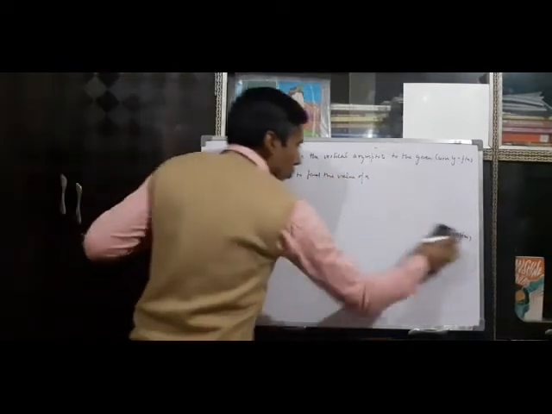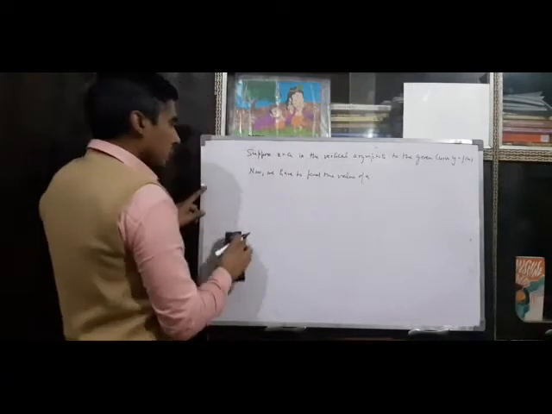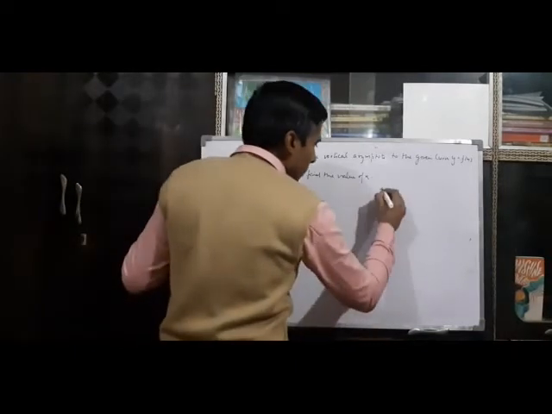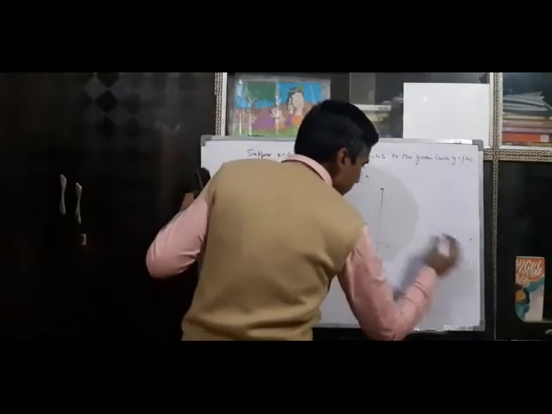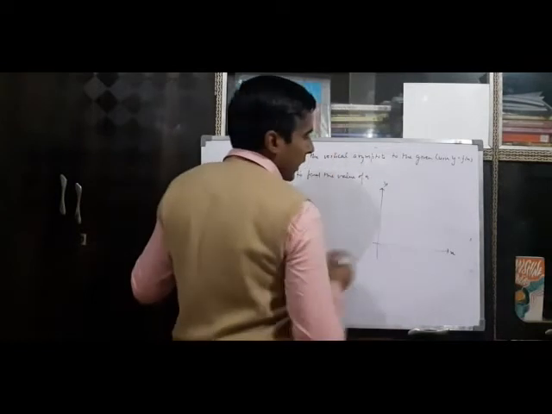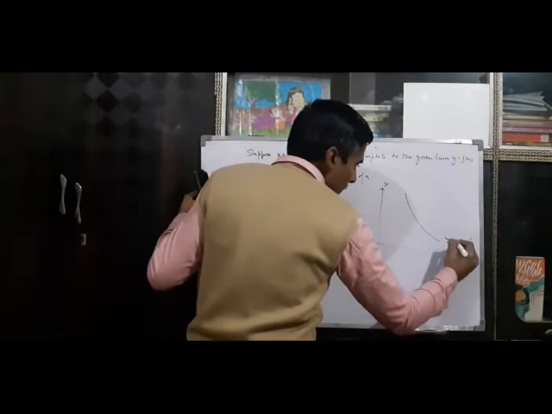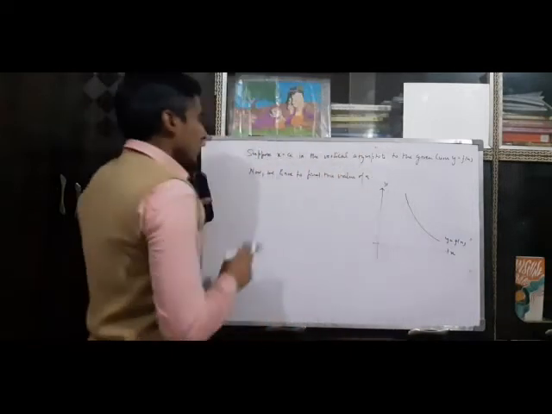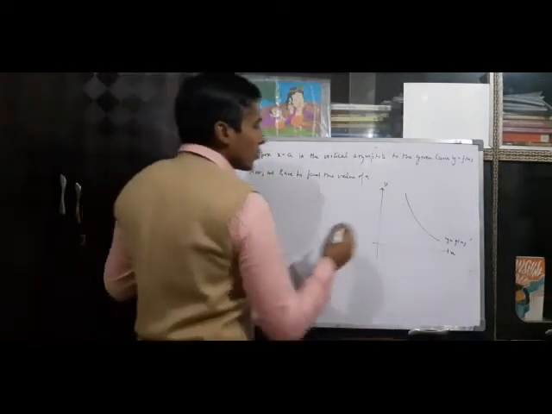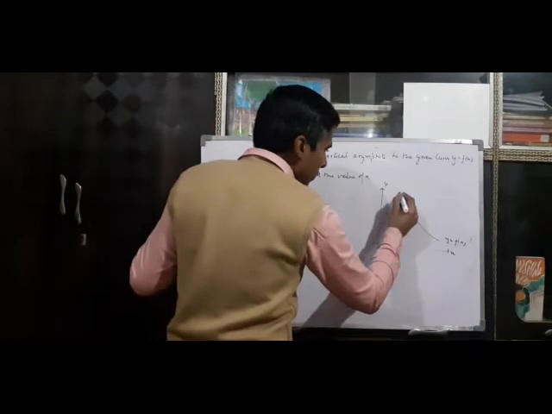So if you see geometrically, this is x-axis, y-axis, and we take a curve. This is the curve y equal to f(x). We are taking here x equal to a as the asymptote to this curve.